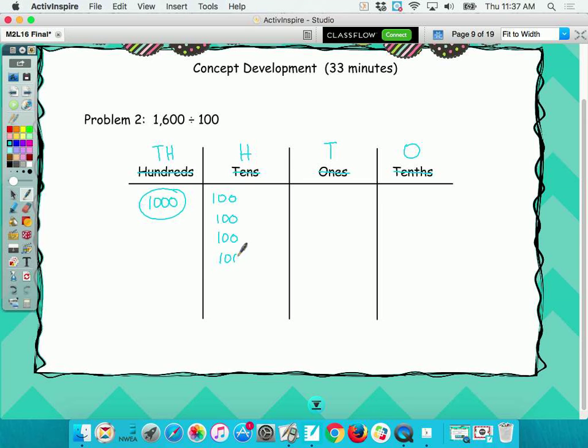So how many hundreds do I need? 6 of them. Now what happens to the digits, Jaden, when I divide by 100? They move twice. And we learned in Module 1 that they move twice. We can remember that by counting the zeros, or 10 to the what power?